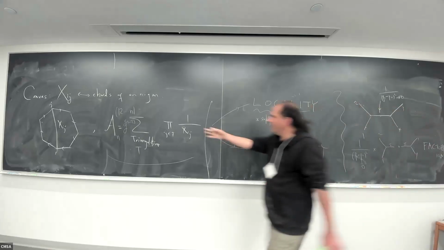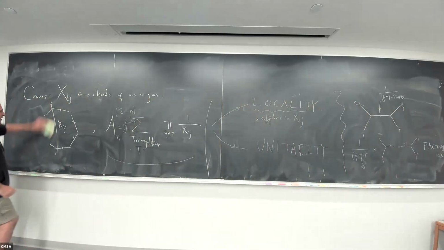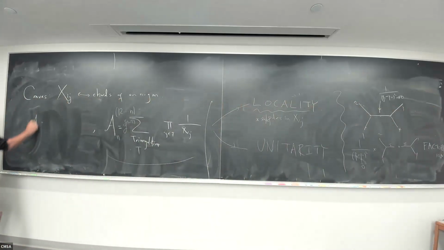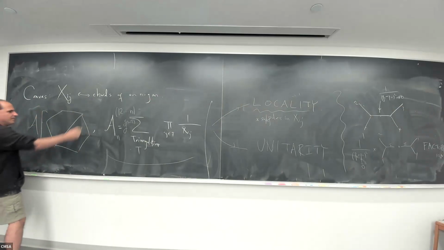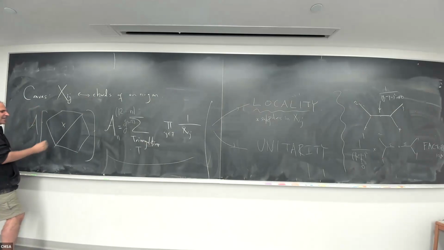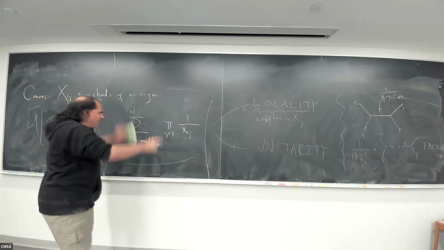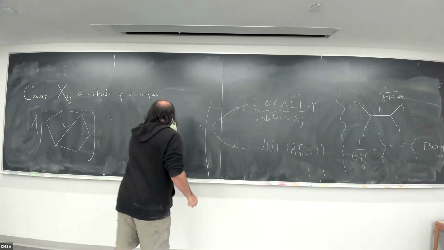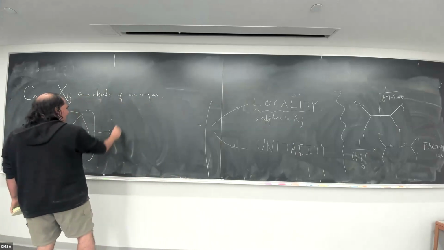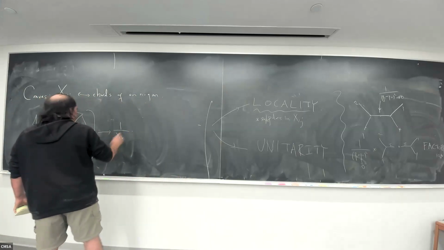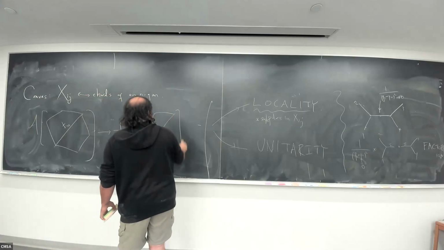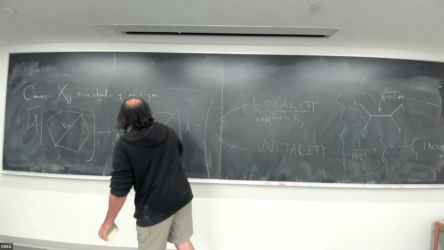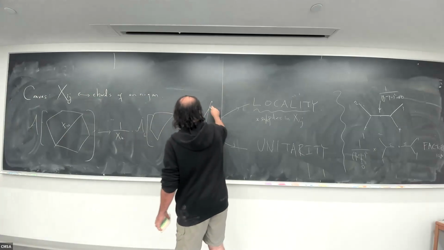Now, what does that look like in this language? I want to think that the amplitude is a function of the x's of this n-gon. But what happens as this x, let's say this x star, goes to 0? Well, unitarity tells me that the amplitude has to go like 1 over x star, but what it multiplies is the amplitude for this left n-gon, the amplitude A left, times the amplitude for the right.